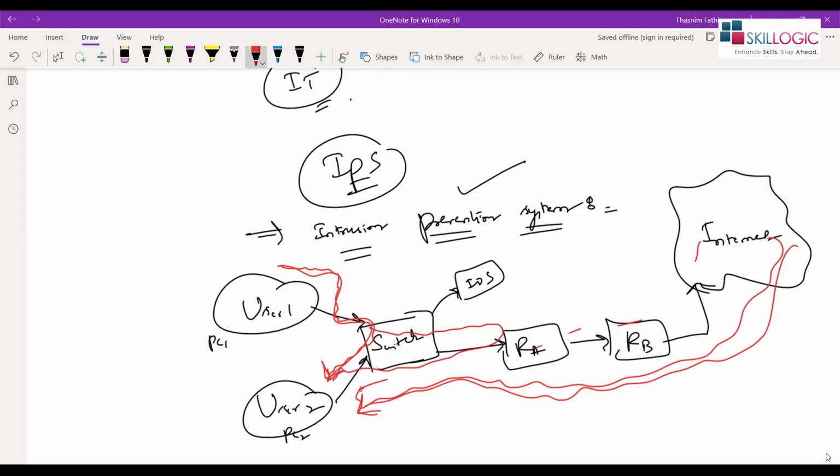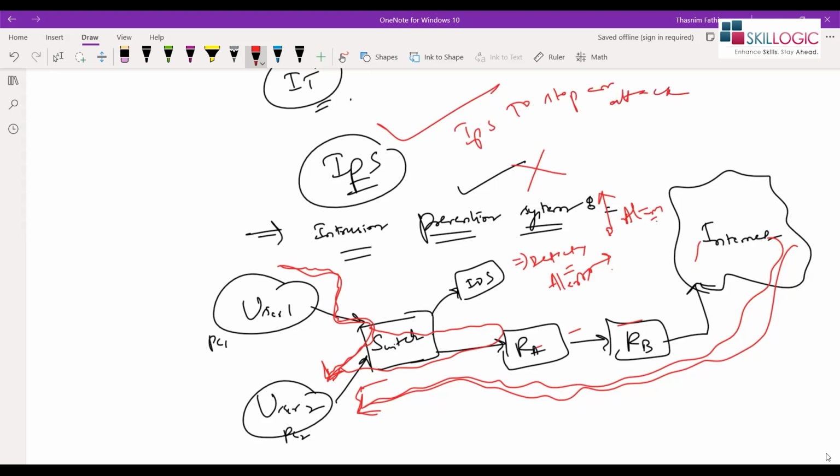The IDS just monitors, it just detects and alerts the cybersecurity team, and it's going to raise an alarm. But it's not stopping an attack, it's just detecting, alerting us. So there is a need of IPS to stop an attack.